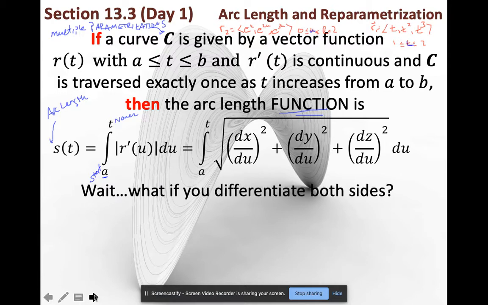So that's an arc length function, right? If you look at that previous example, I basically did a definite integral.